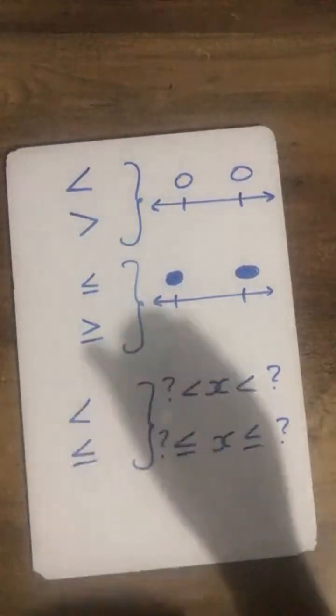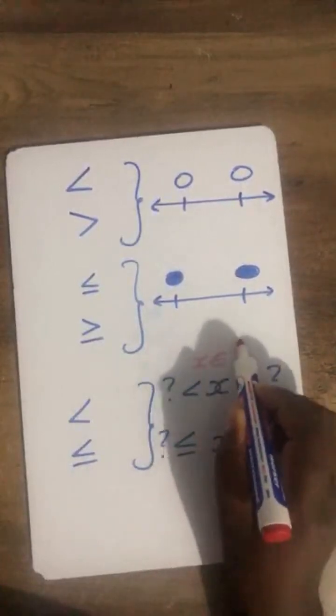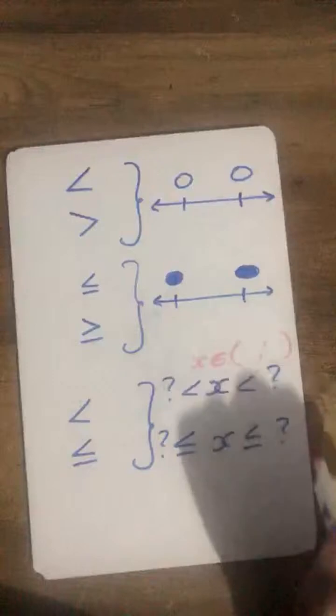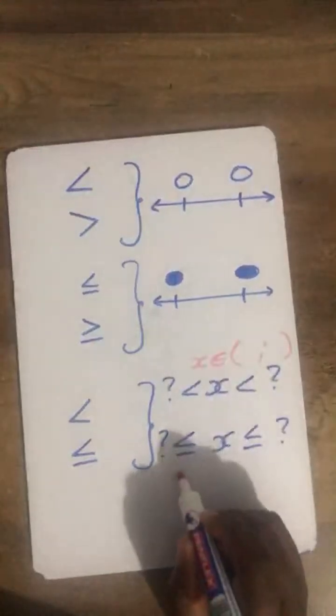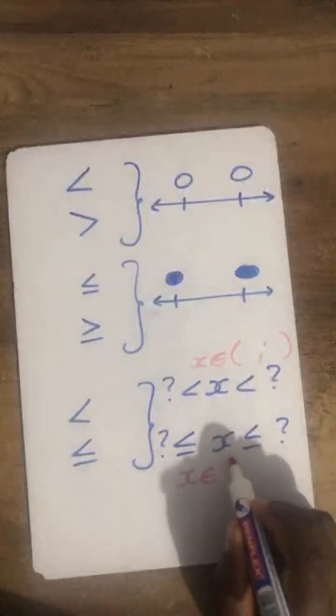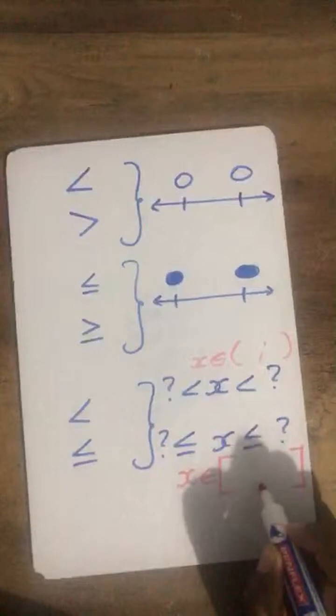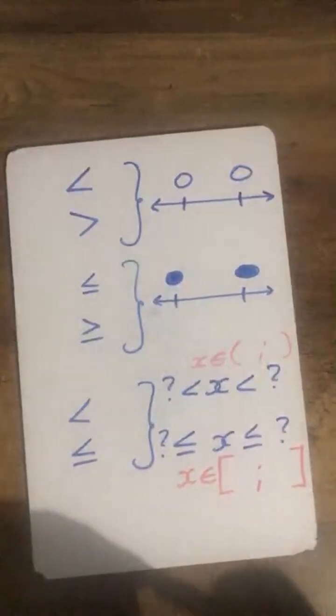Alternatively, this is where you say x is the element of whatever the values. Or here, you say x is the element of, you do the brackets of the corners.